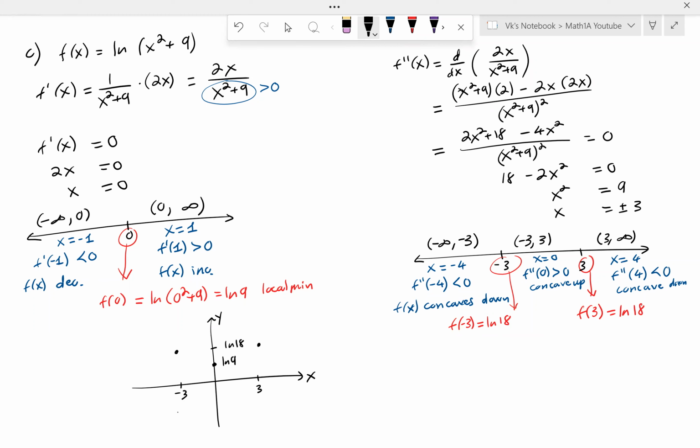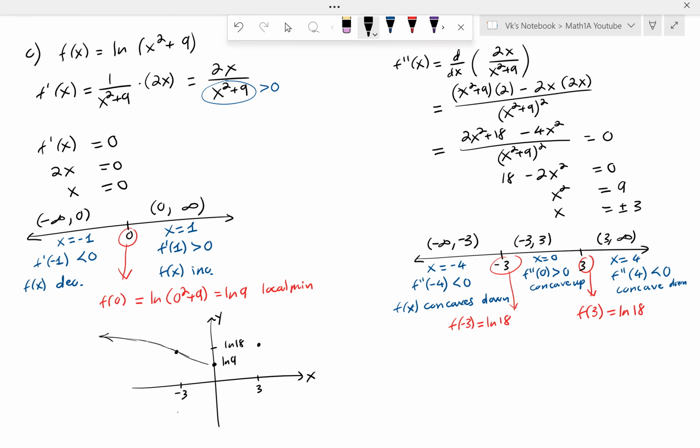From negative infinity to negative 3, the function is decreasing and concave down. And then from negative 3 to 3, the function is concave up, so it will decrease until 0 and then it's going to increase.